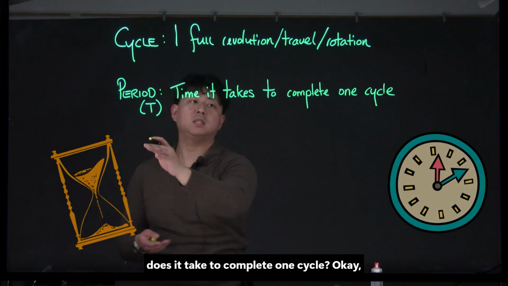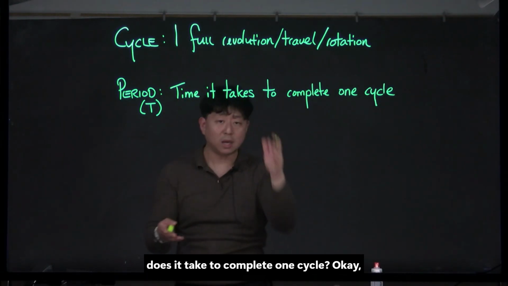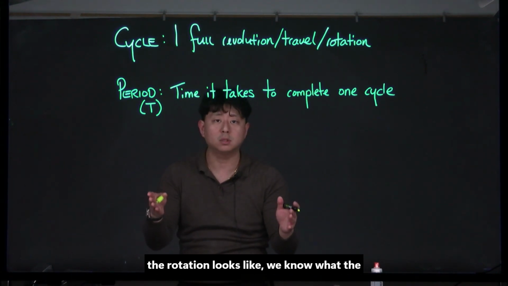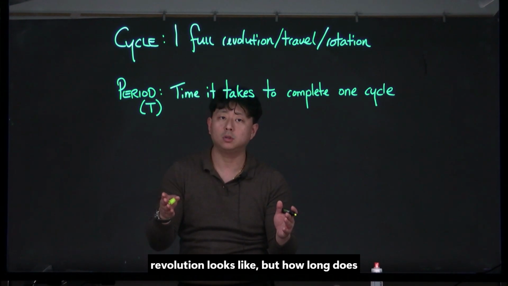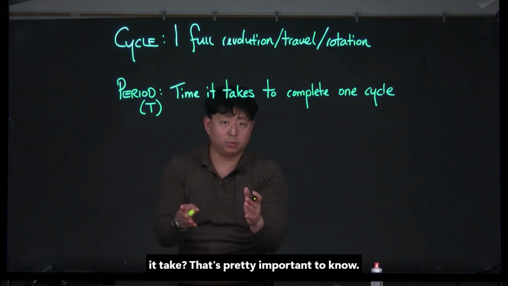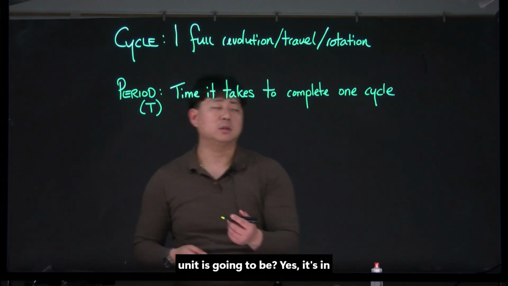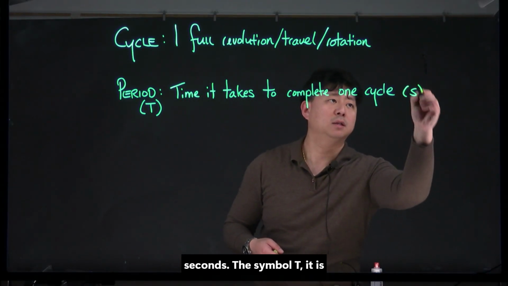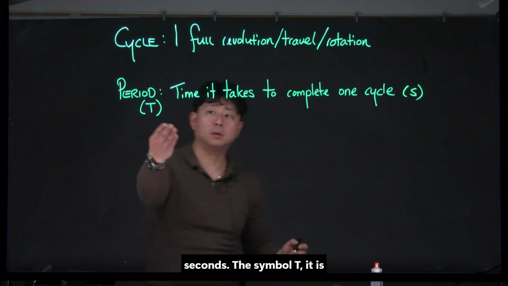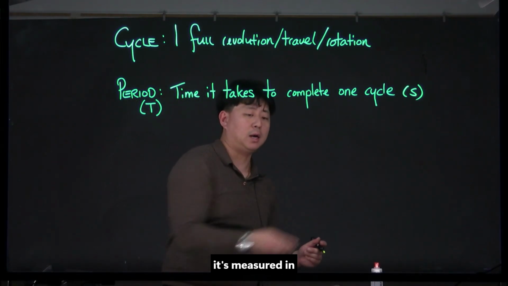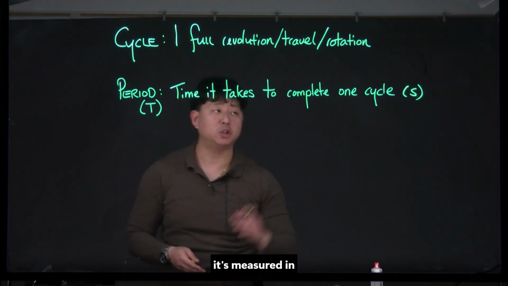How long does it take to complete one cycle? Okay, we figured out the cycle. We know what the rotation looks like, right? We know what the revolution looks like, but how long does it take? That's pretty important to know, right? Because it's time, what do you think the unit's gonna be? Yes, it's in seconds, right? Period is represented as T, and it is measured in seconds.